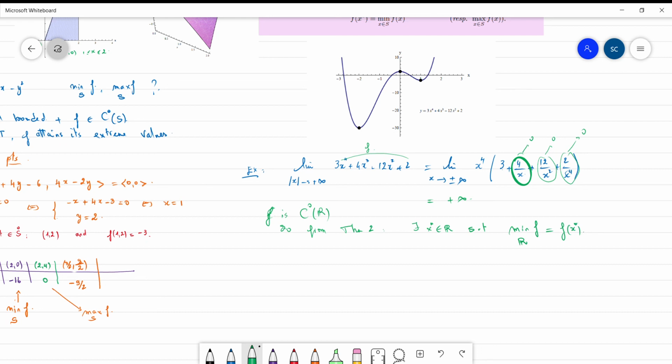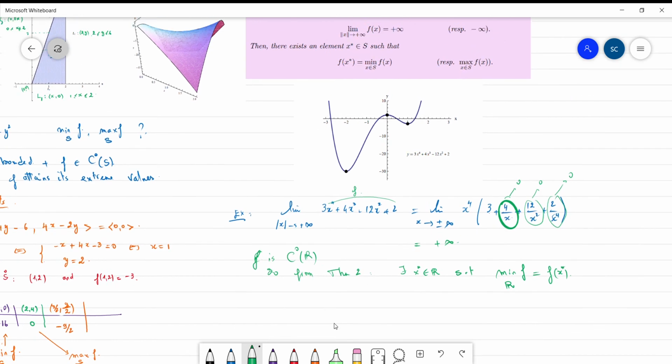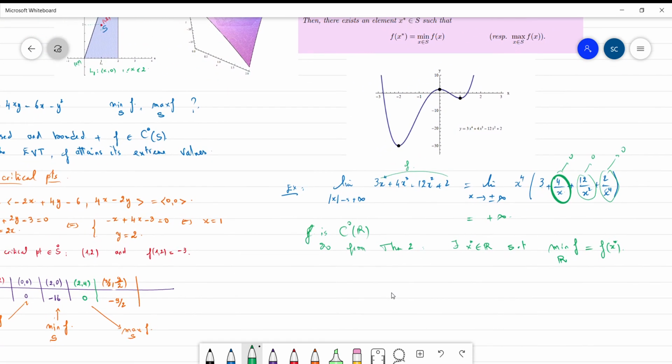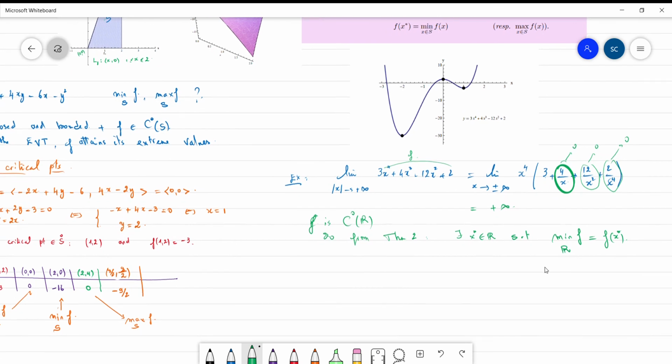It is attained somewhere. Now, since my function is regular, I can differentiate it. Let's identify x star; for its existence we have the theorem that ensures it, but we would like to identify it for this situation.